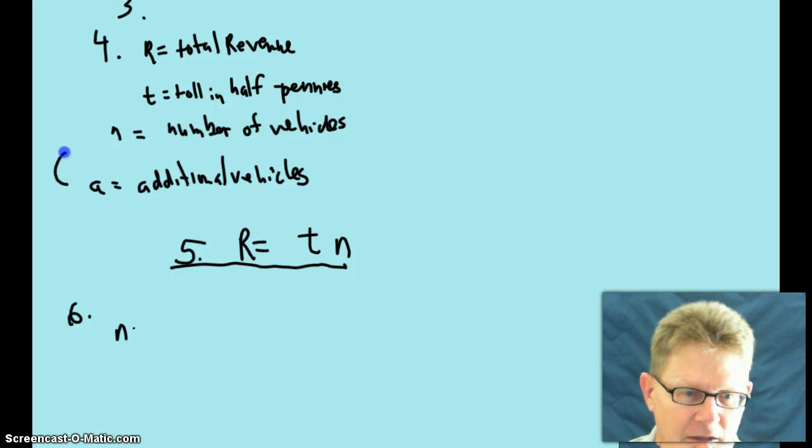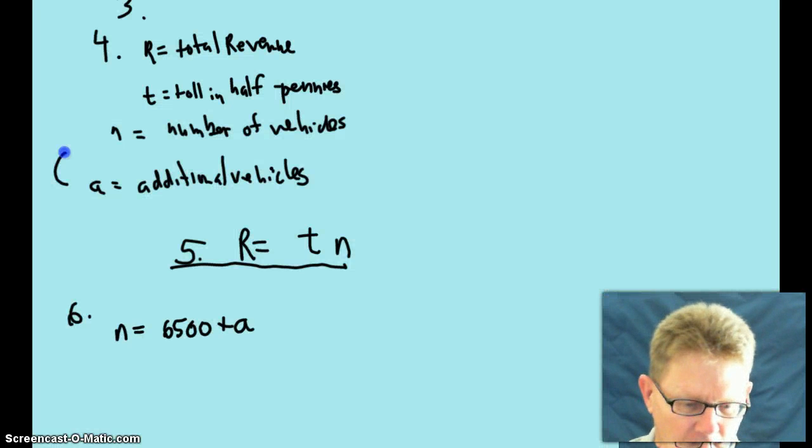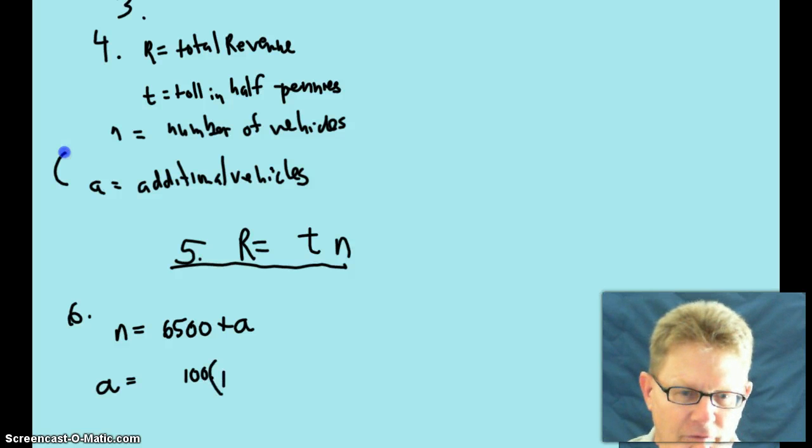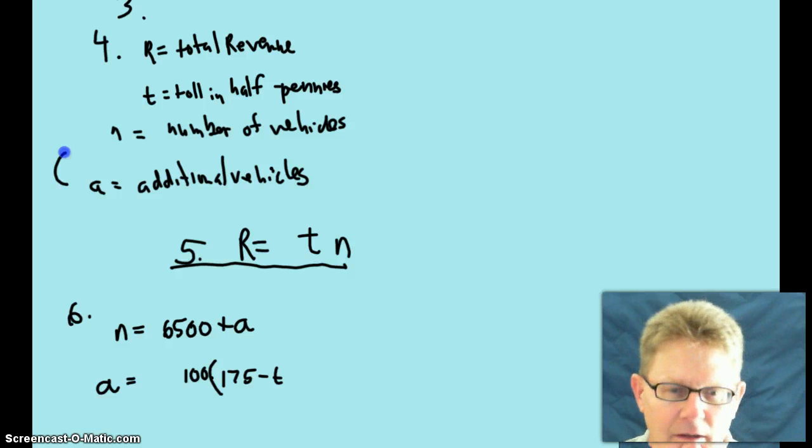We have N equals the number of vehicles equals 6,500 plus any additional vehicles that we can get. We can also come up with the additional vehicles will be 100 extra for every penny that we make it less than 175.